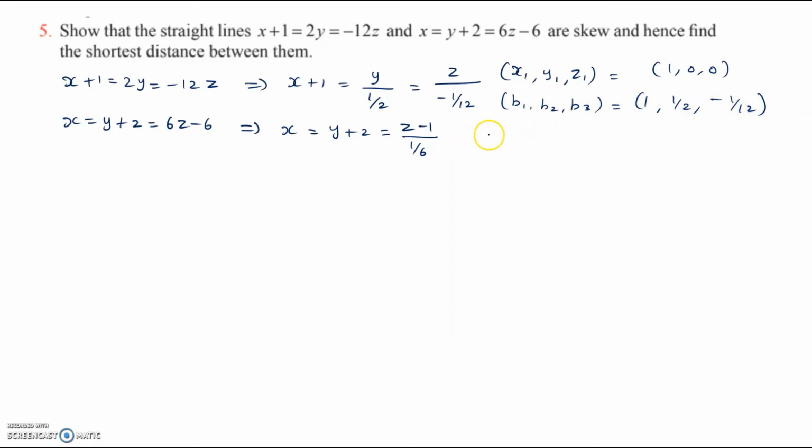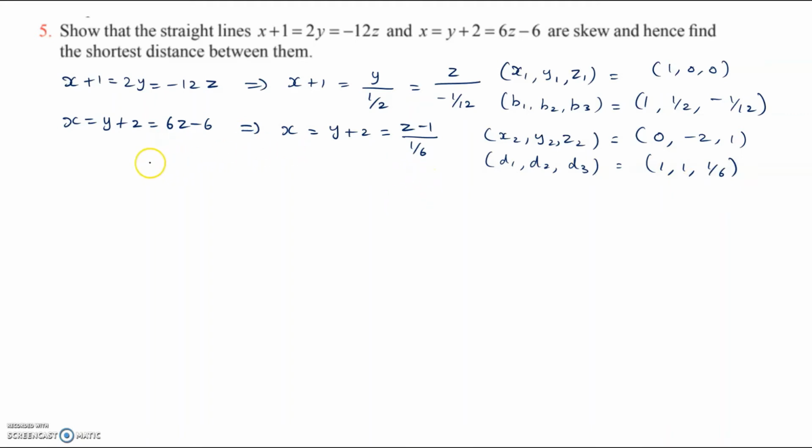Similarly, for this equation, our x2, y2, z2 is equal to 0, minus 2 and 1. And our direction ratios d1, d2, d3 are 1, 1 and 1 by 6.